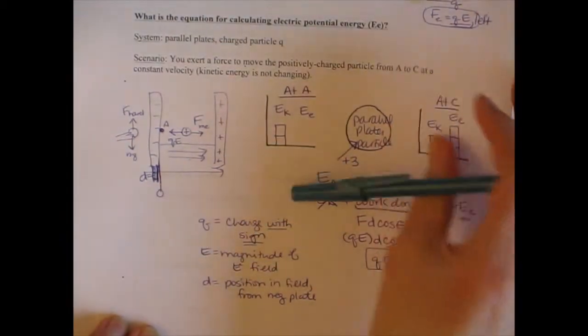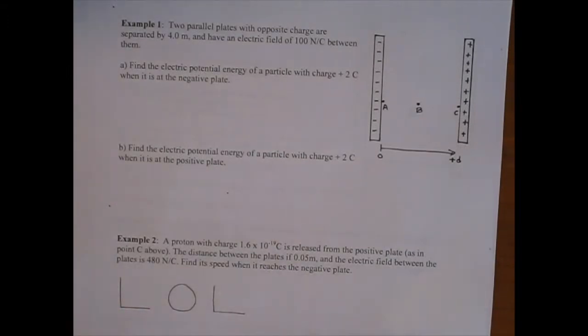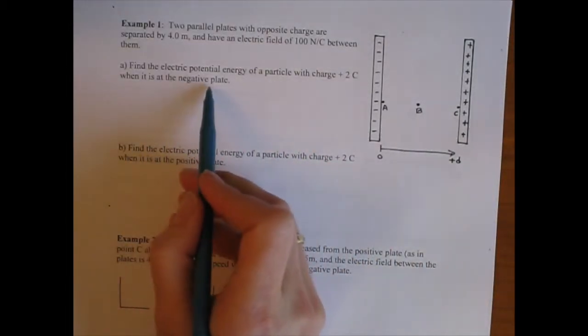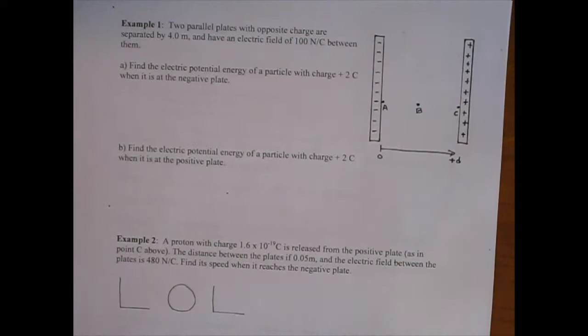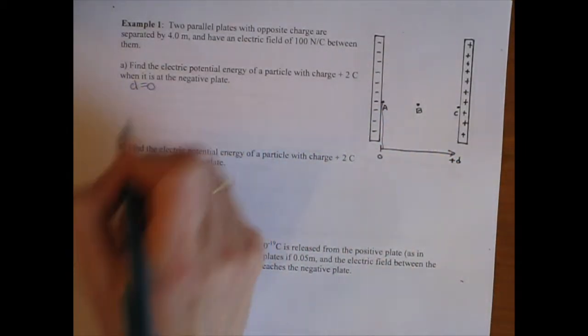Okay, let's do an example of how this works. Two parallel plates with opposite charge are separated by 4 meters and have an electric field of 100 newtons per coulomb between them. Find the electric potential energy of a particle with charge positive 2 coulombs when it is at the negative plate. So that is a position of 0. So D equals 0.